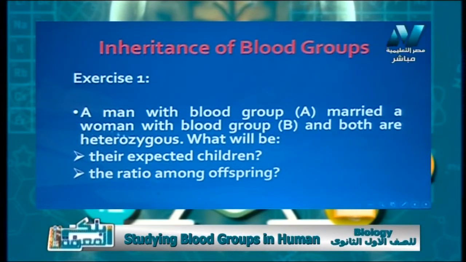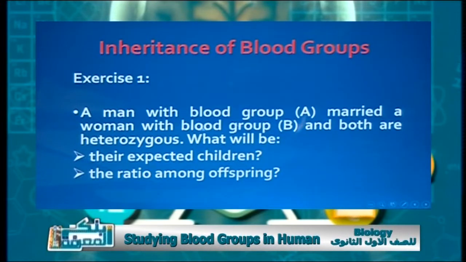The problem says a man with blood group A married a woman with blood group B. Actually, up till now, we cannot solve the problem because the blood group A could be one of two genotypes. B is the same.